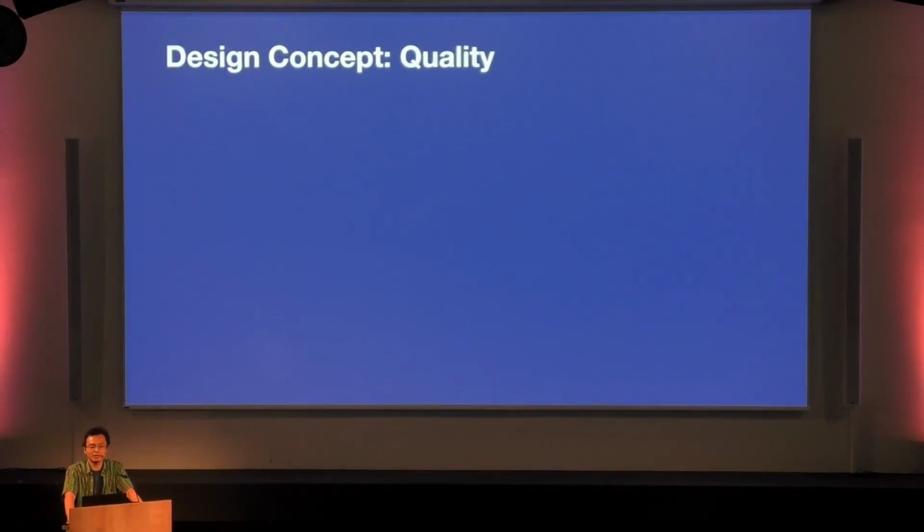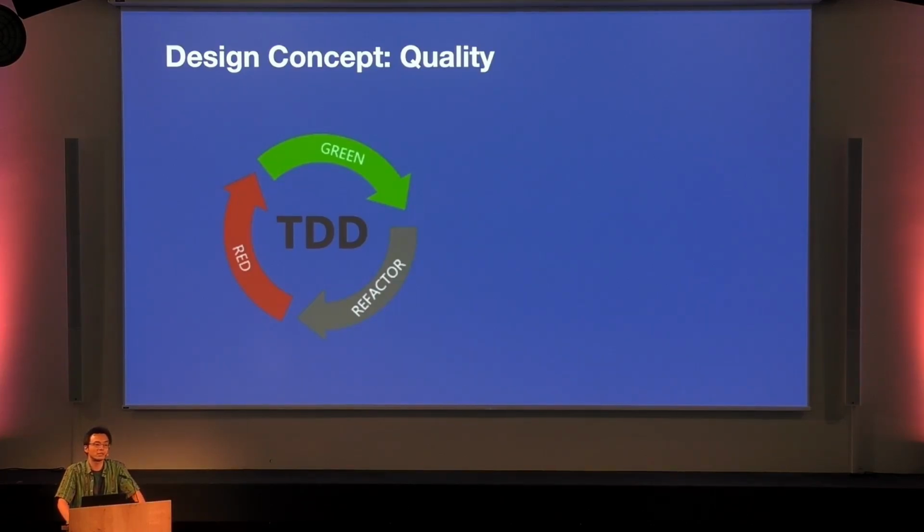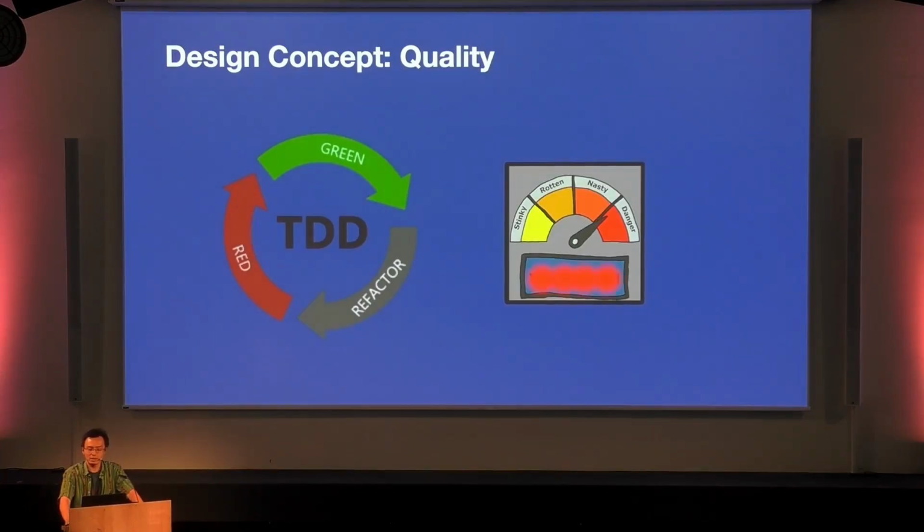And another concept is quality. I put a lot of technique into TDD. This is more of an internal process, but I found it's very useful. TDD, for me, is the most important thing. It's not about testing fast. Rather, you write a test, and then you see very early feedback if something is wrong. If it's hard to write a test, then this is a signal that often something is bad for the design.